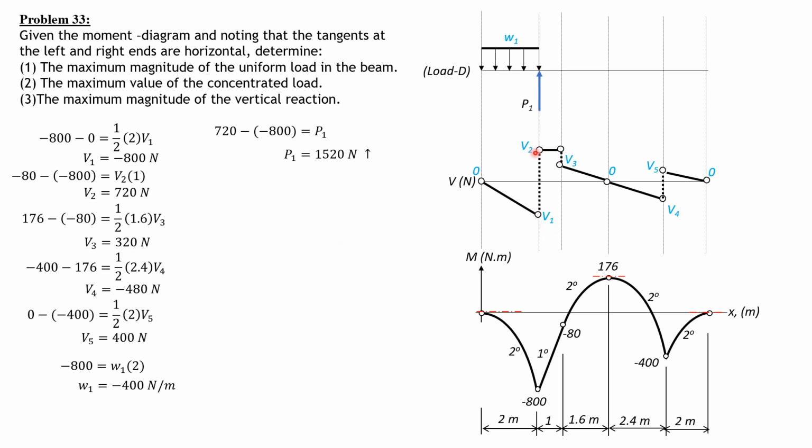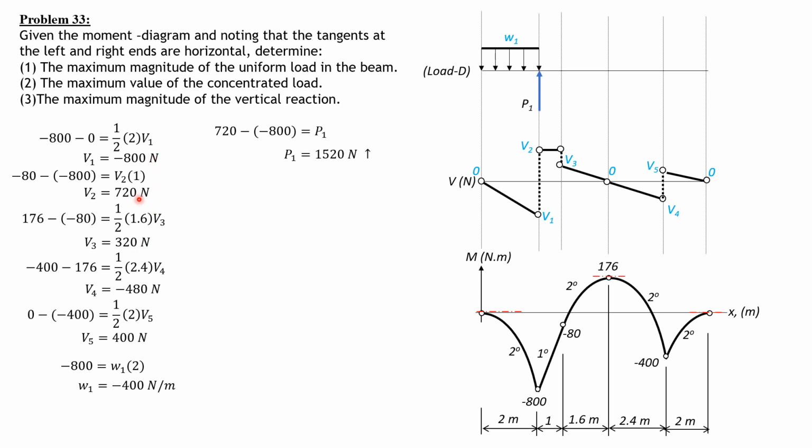Then between 2 and 3, it's just straight. So meaning there's no load in between this point and the next point. But there is a concentrated load because we have a change in shear from V2 to V3. So V3 is 320, then minus the previous, which is V2, 720.